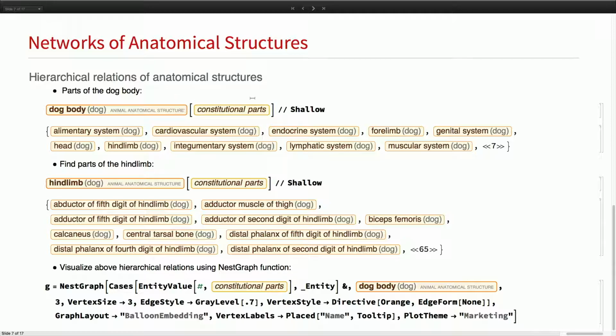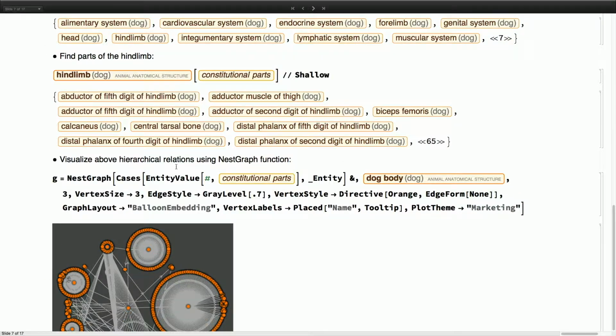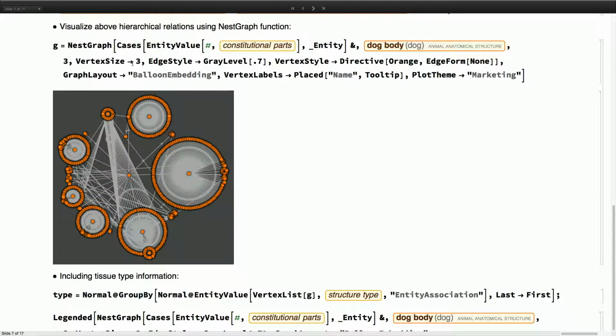So here we use the constitutional parts property to get the parts of a dog's body. And one of the parts, a hind limb, is broken down into even smaller subcomponent structures, including individual muscles and bones. And we can visualize these hierarchical relations using a single NestGraph function.